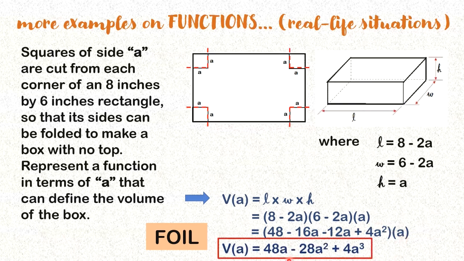So ito yung magiging itsura ng ating V of a. This is the volume in terms of a. You may also want to write this function here with decreasing powers of a. What do I mean by that? You start with 4a cubed, and then minus 28a squared, and then finally plus 48a.